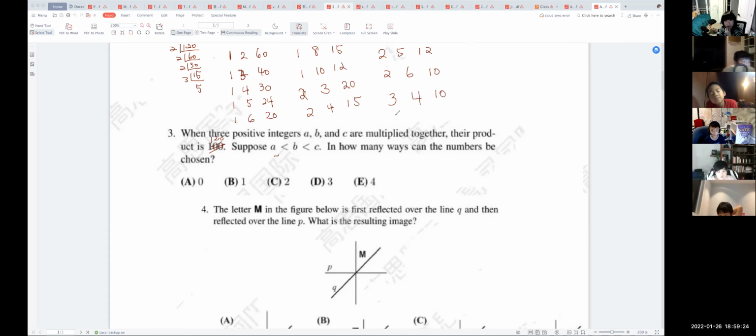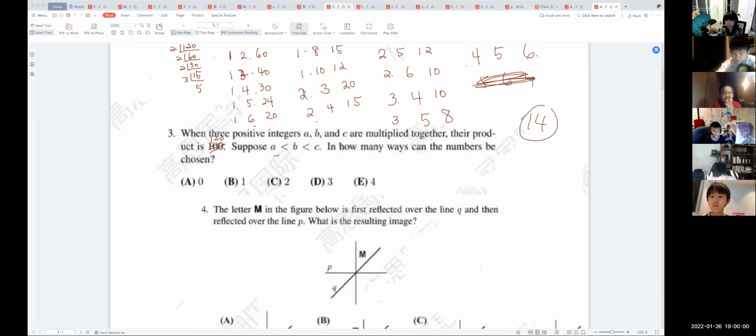Are there any more? No more. Okay? So 4, 5, and 6, and that's it. Because if you later have 5, 6, and 4, it's not in the right order. So altogether, they're like 1, 2, 3, 4, 5, 6, 7, 8, 9, 10, 11, 12, 13, 14. So 14 different ways.